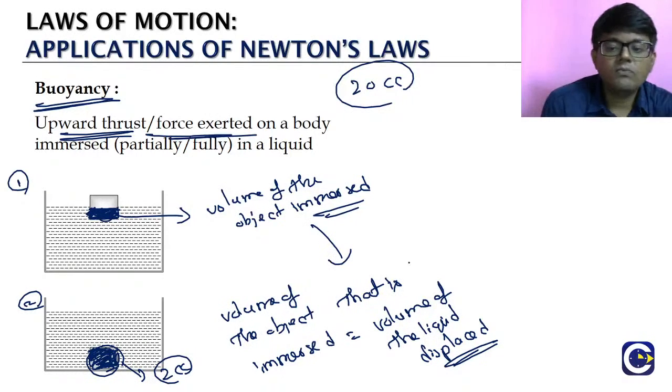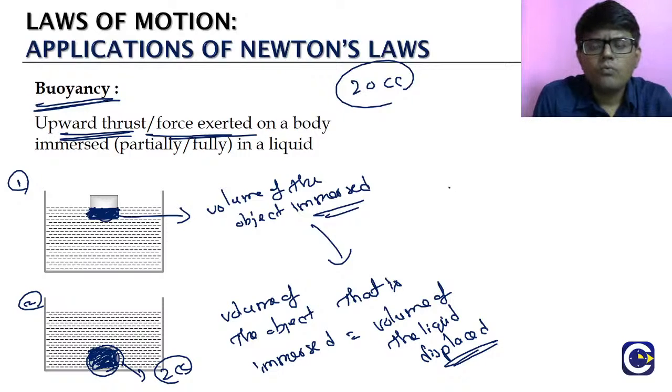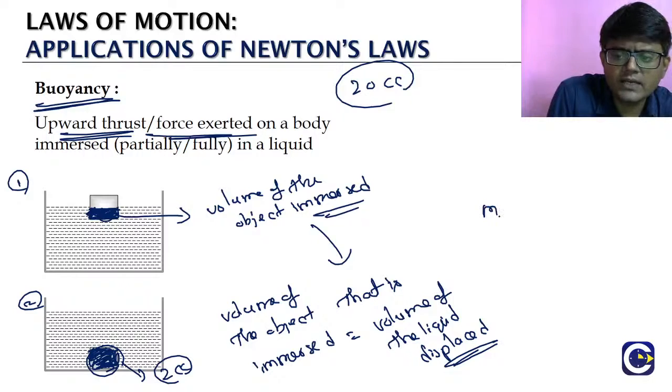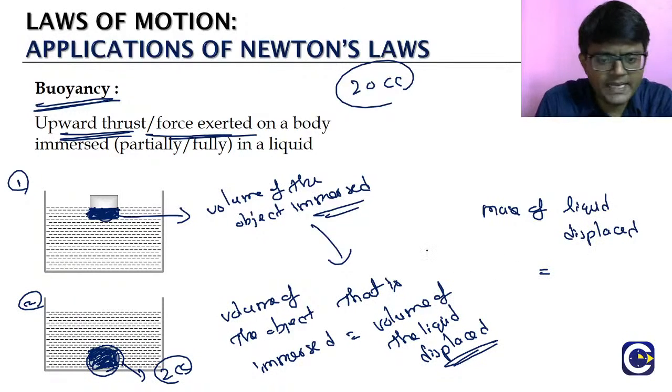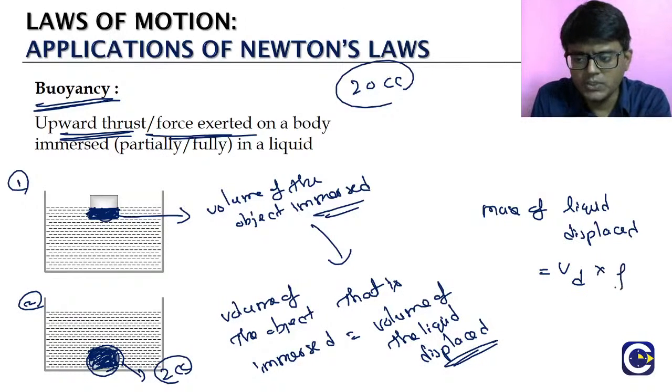Now, the weight of the liquid that is displaced. First let us calculate the mass of the liquid displaced. What will be the mass of the liquid displaced? The displaced volume into rho, where rho is the density of the liquid.